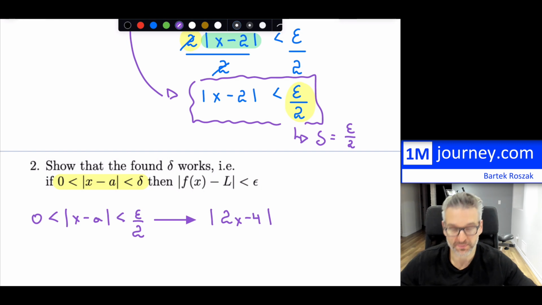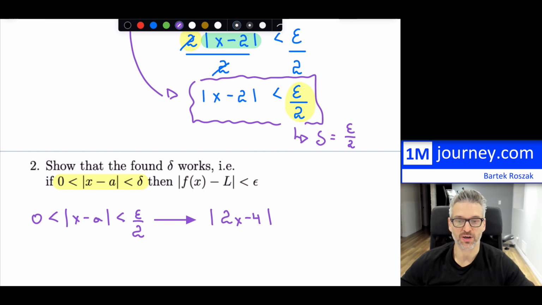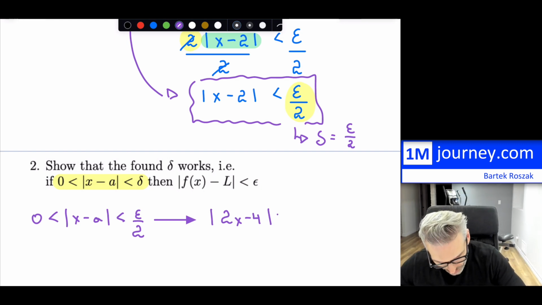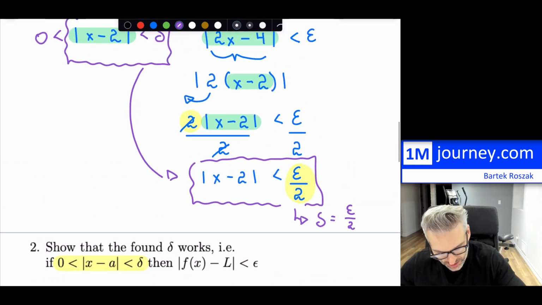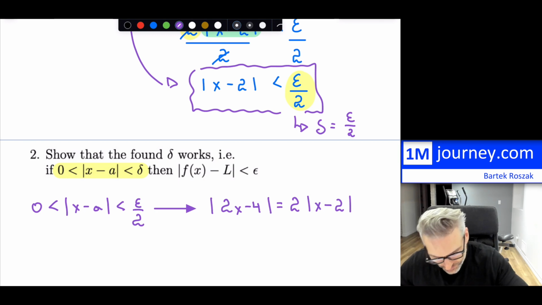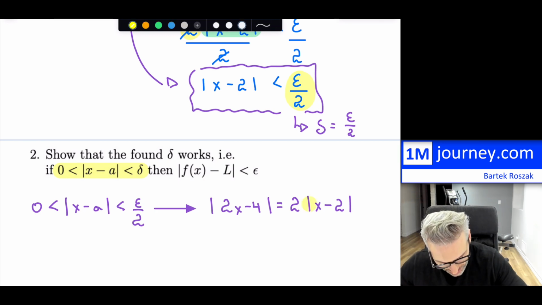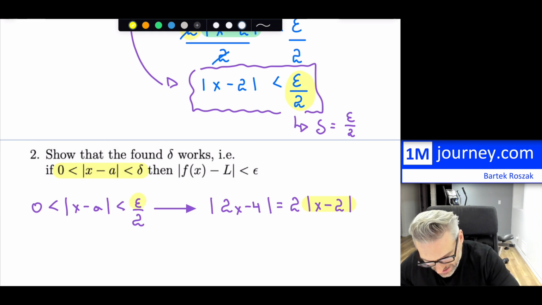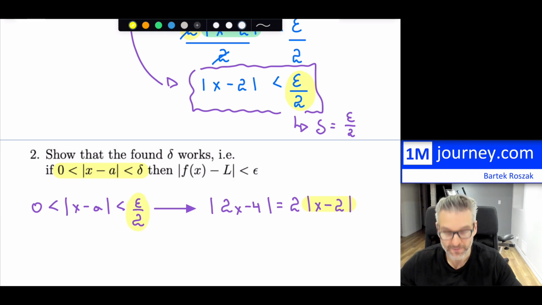This is supposed to be less than epsilon. However, you saw from above that this is nothing else but simply 2 times x minus 2. So we have seen that right here. And now this is where our substitution comes in. So this right here is now less than epsilon over 2.